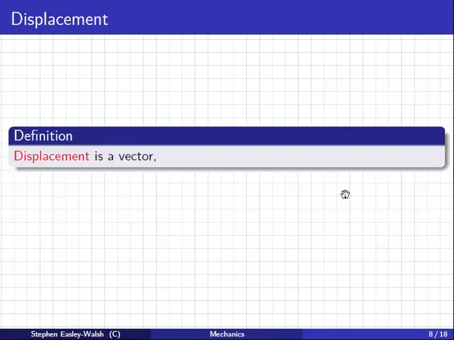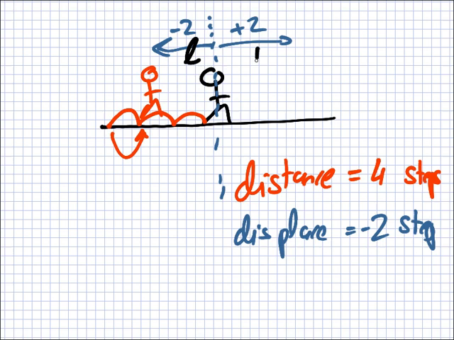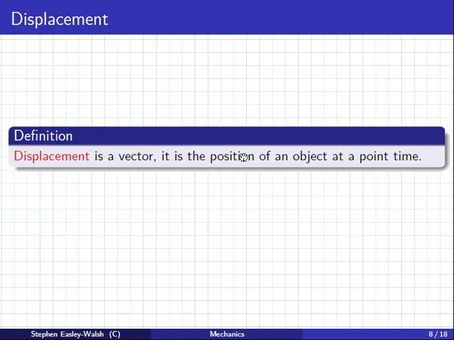So, displacement is a vector because it has a direction. It can either be to the left here or to the right. So, it's also known as the position of the object. I think you should write that down.